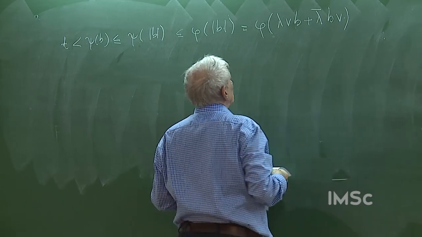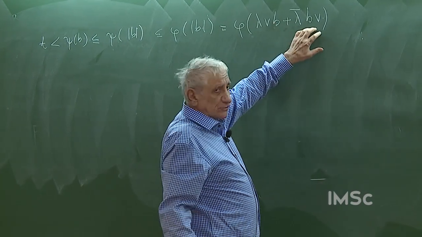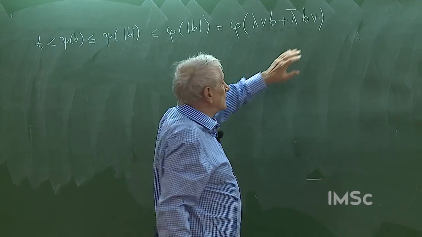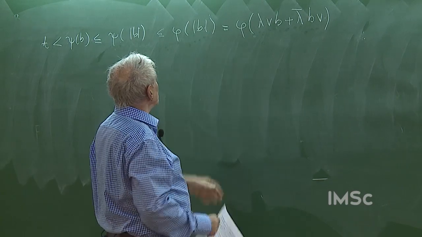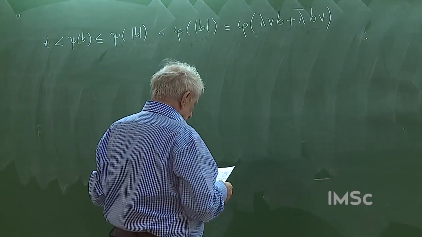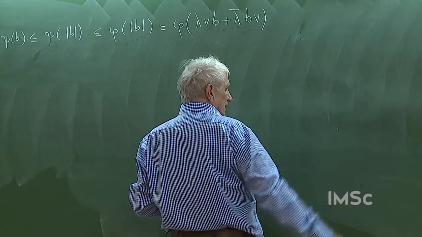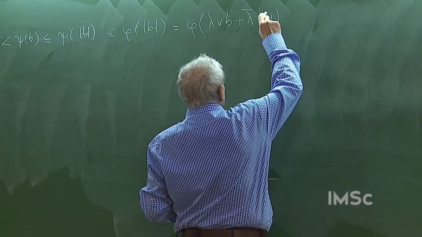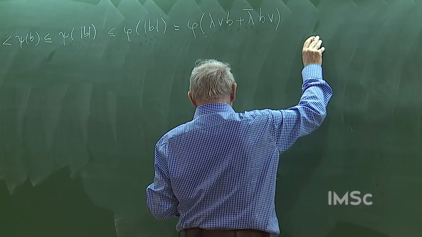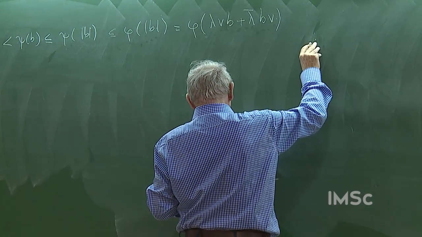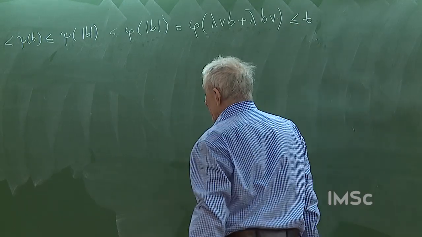Why? Because lambda plus lambda bar is equal to 1, and VB is equal to BV. We get BV or VB, which is the absolute value of B. Now, by the Hahn-Banach theorem and the fact that V is self-adjoint and of norm less than or equal to 1, it follows that this is less than or equal to T, which is a contradiction.